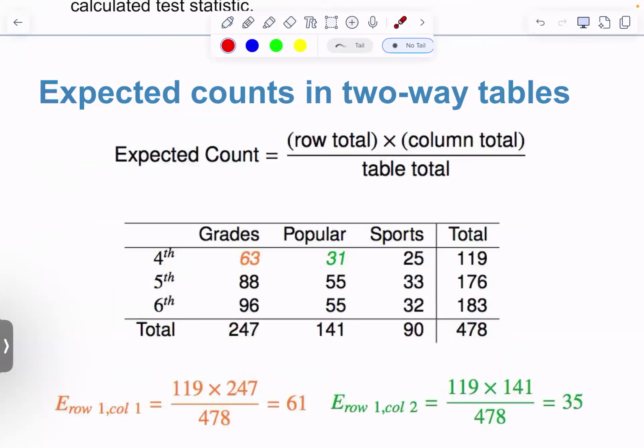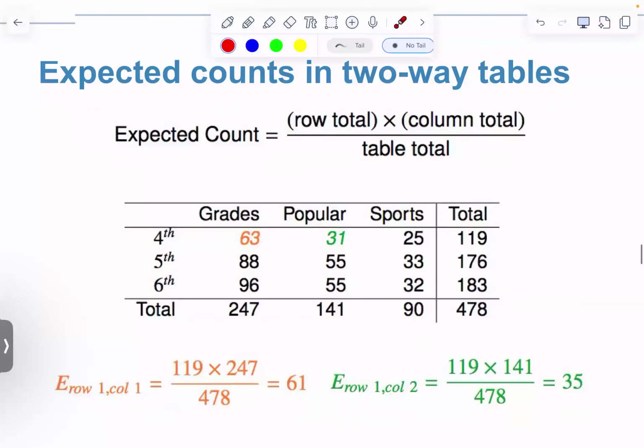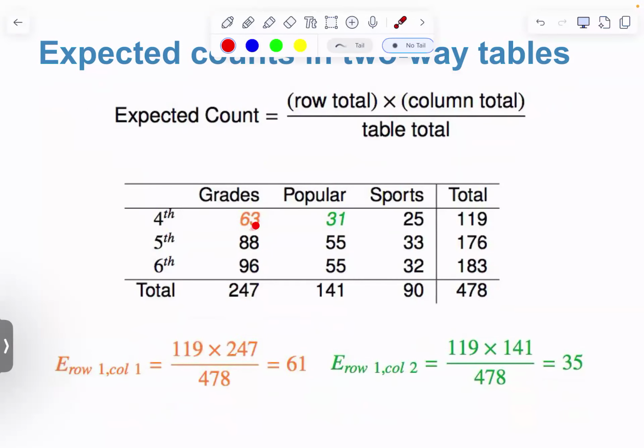So here is a summary of how to calculate these expected counts. The expected count for this orange cell: we observed 63. But we expect 119 times 247 divided by 478. So we expect 61, which is more on par with the numbers that we would be expecting.